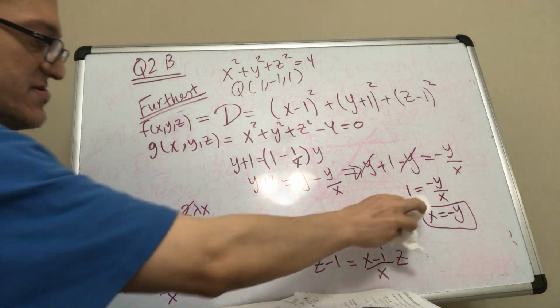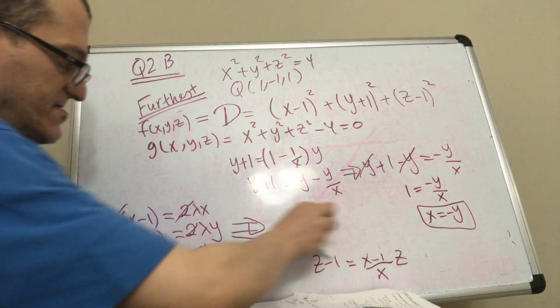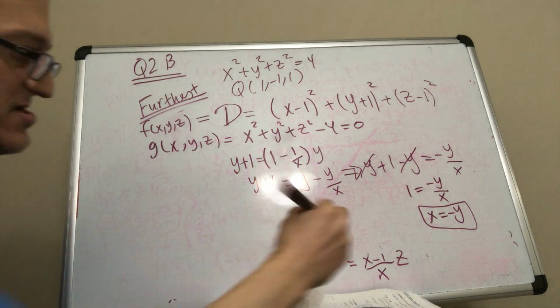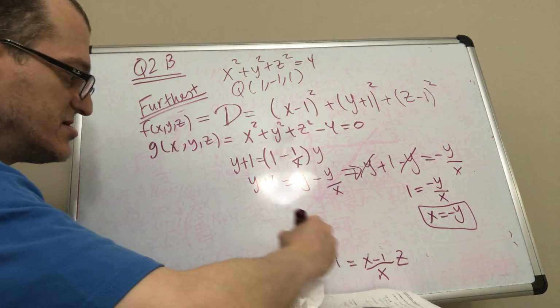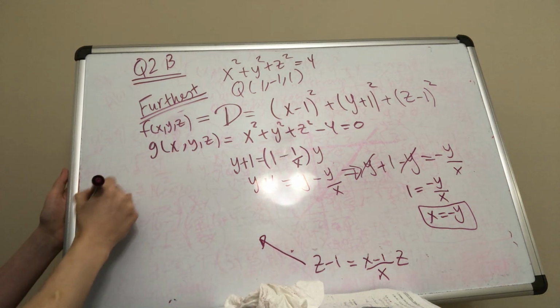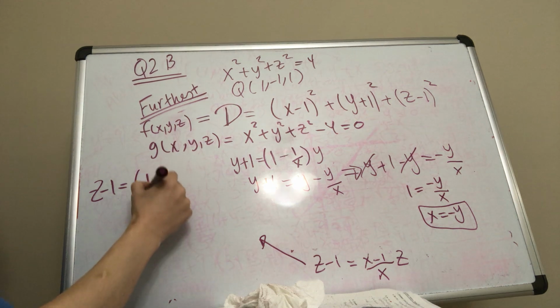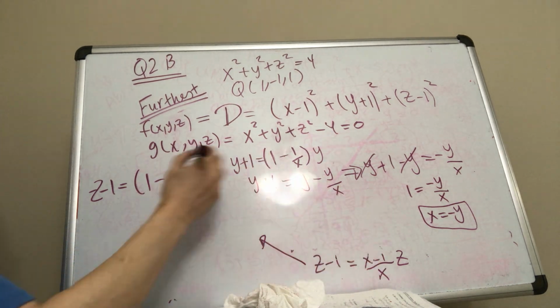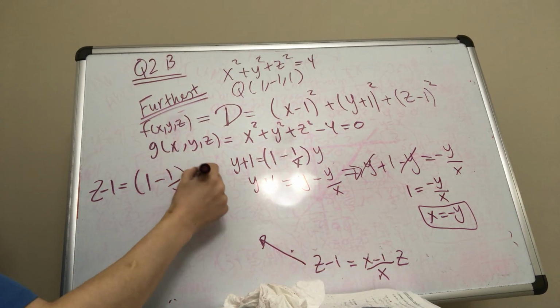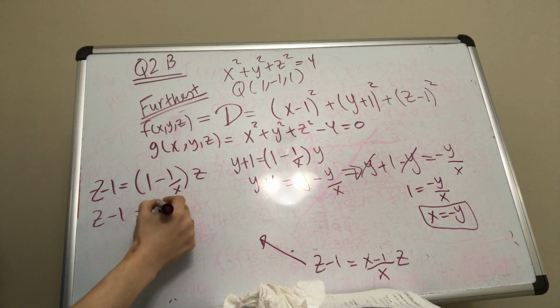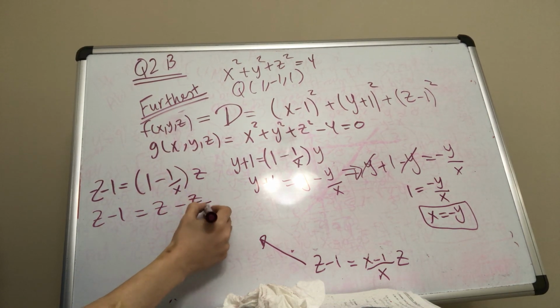If I consider the second equation, same idea: z minus 1 equals x over x is 1, minus 1 over x, times z. Z minus 1, take this inside, z minus z over x.